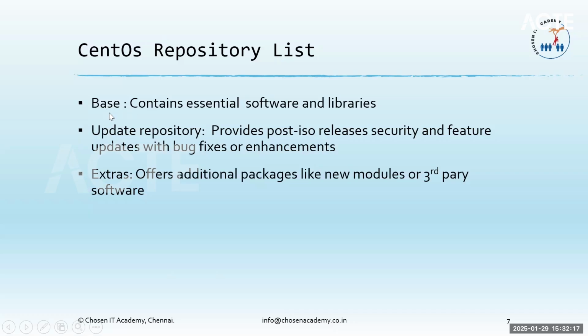There is BaseOS, Extras, and Common, and Update is changed to the AppStream repository. There's also an additional one called EPEL, Extra Packages for Enterprise Linux. This is another repository, and in case you want it, we can have it configured in our repository list.